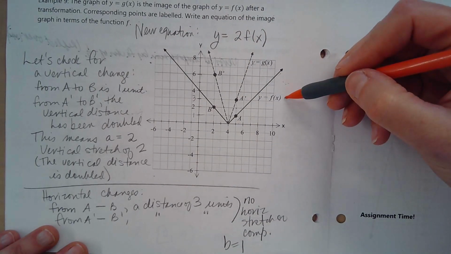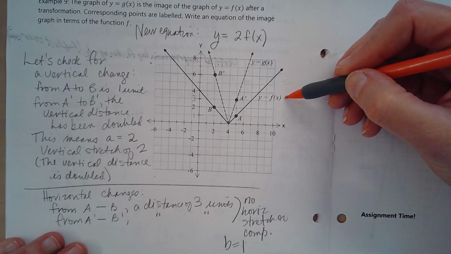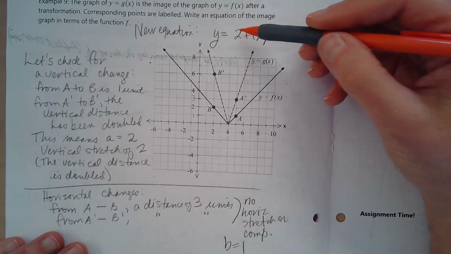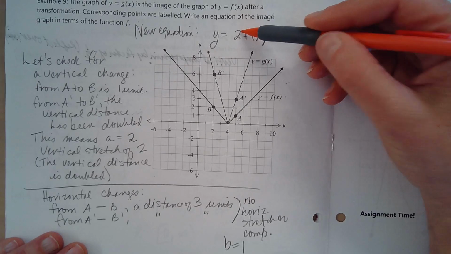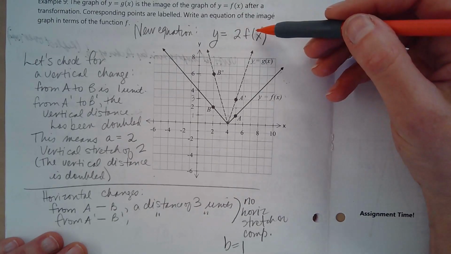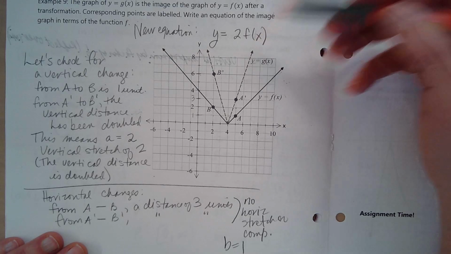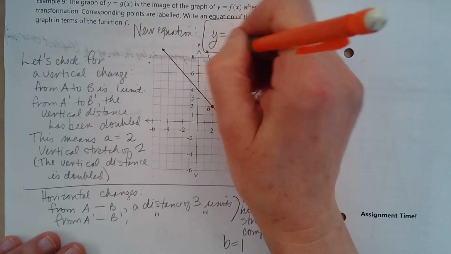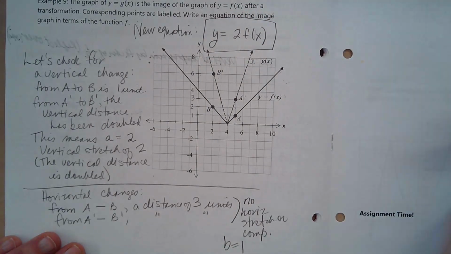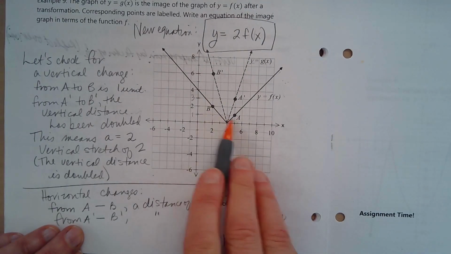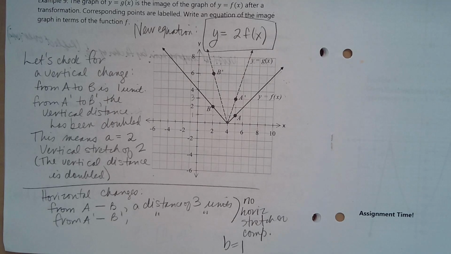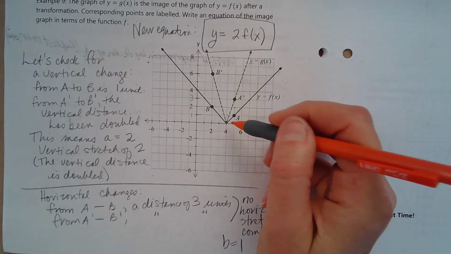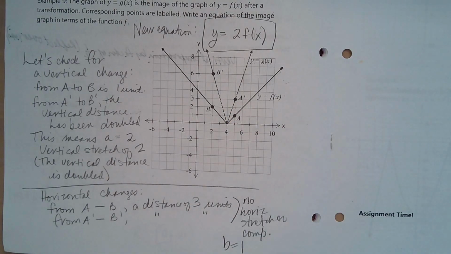It just means if I start with f of x, all that happened was I had an a value of 2, my b value just remains 1, and I don't write 1's in. And that's it. That's the only change on this graph. There was no horizontal stretching or compression at all. It's just that the graph was stretched by a factor of 2.